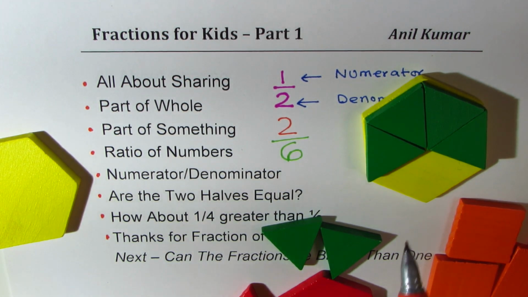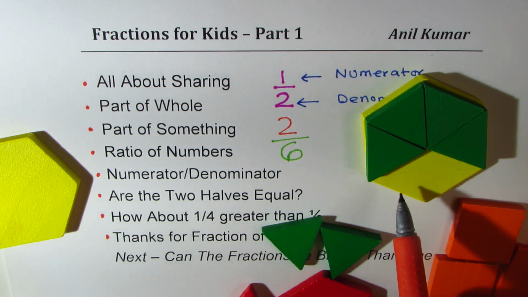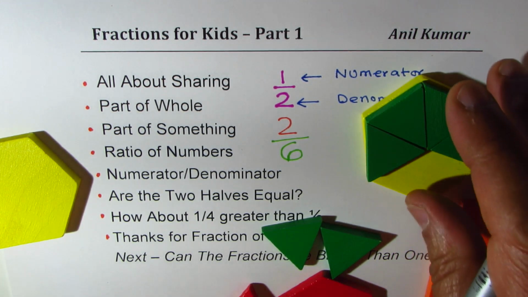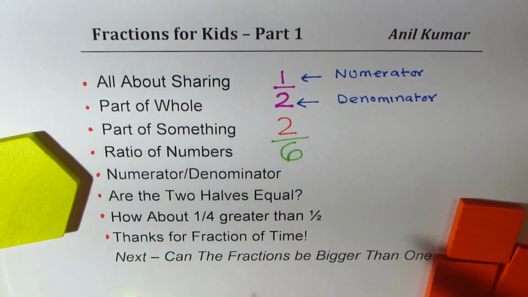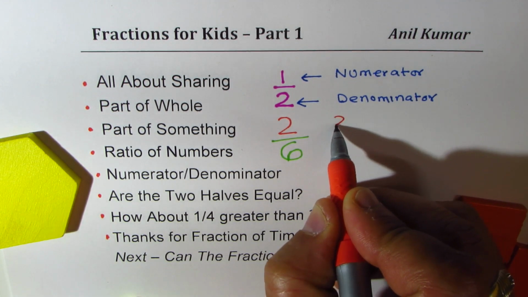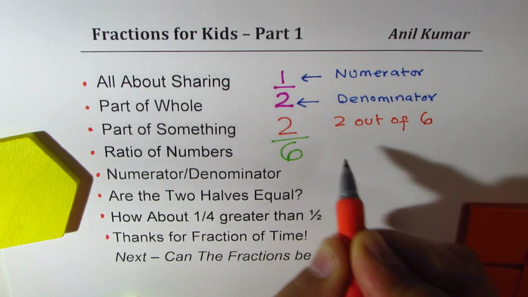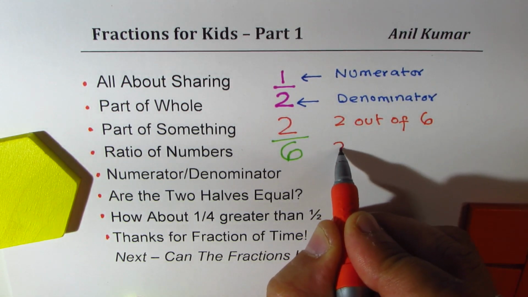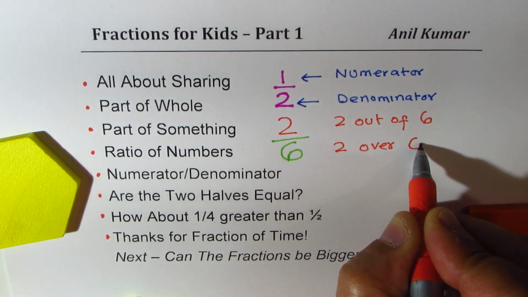So that is how you represent what is missing here. Well, 4 remains, but 2 are missing because we gave it. So we could say a fraction is 2 over 6 or 2 out of 6. So now we could write this as 2 out of 6, or we could also read this as 2 over 6.